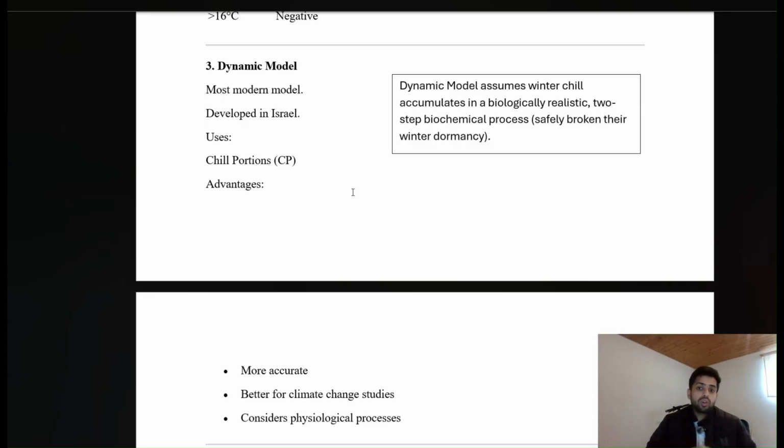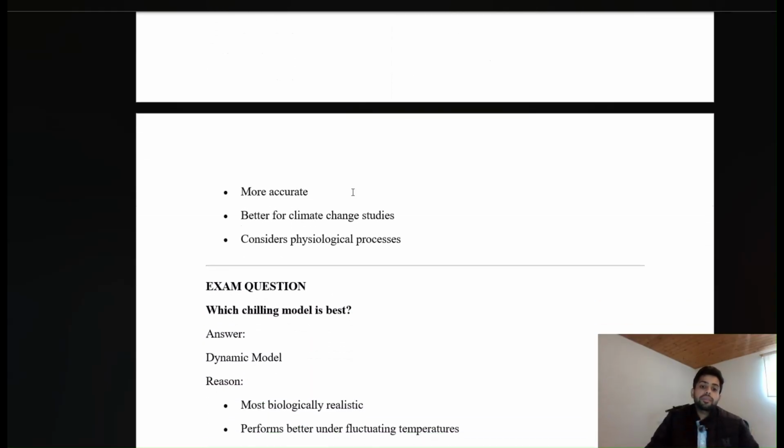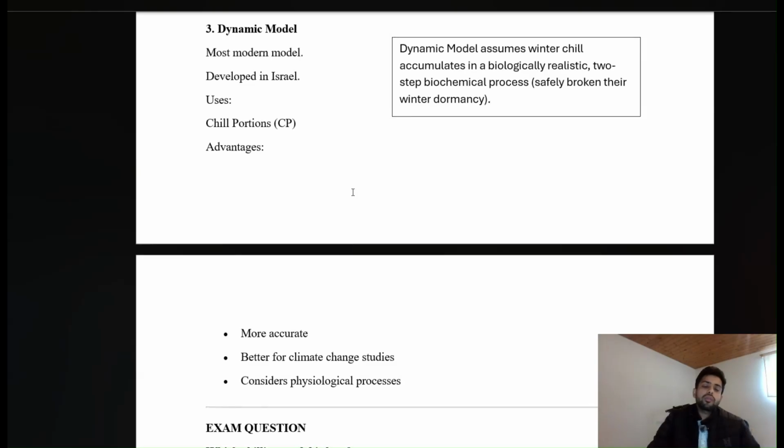It will not only count the chilling hours, it will also see whether, due to chilling, the fruit is getting changes and safely breaking its winter dormancy or not. So this examines the two-step biochemical process, and its advantages are that it is more accurate, better for climate change studies, and considers physiological processes. So this is the dynamic model.